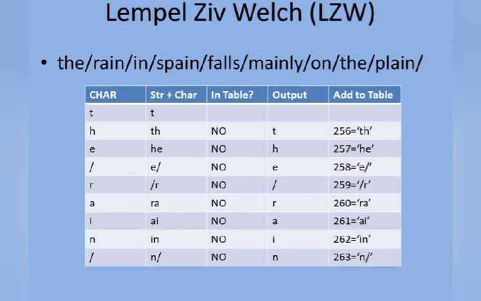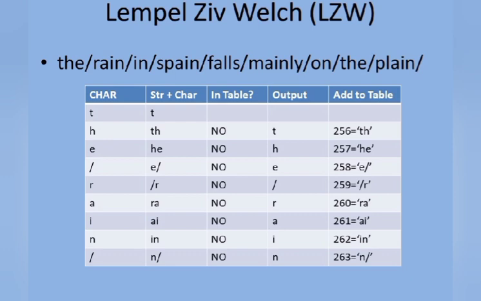After t, we are going to read h. A string will be formed using this present value and the previous one. So our string becomes th. Then we will look into our table. Again, I've told you that this table is the extended ASCII table. Definitely you will never find th in the table.